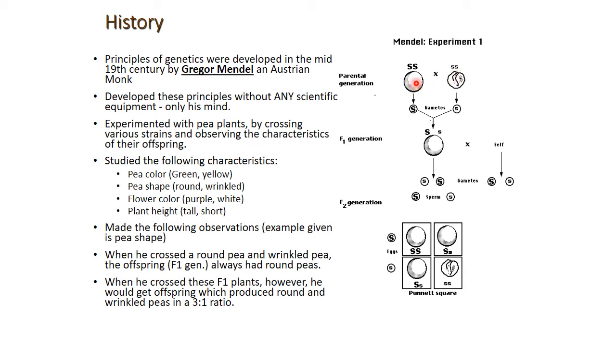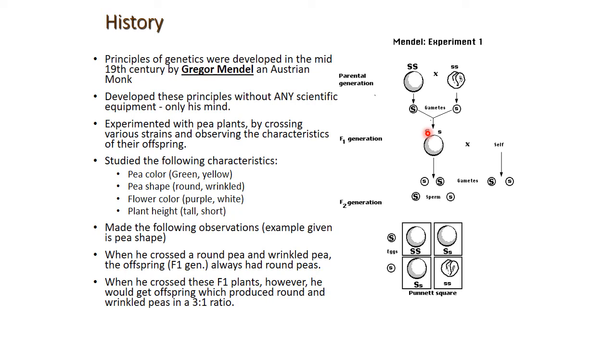So he crossbred them by removing the male parts of one plant and using it to fertilize the female parts of another plant. And he saw that all of the children came out round. So all of the offspring became round, which was weird because you would think that it would be a mixture between this round and wrinkled pea.